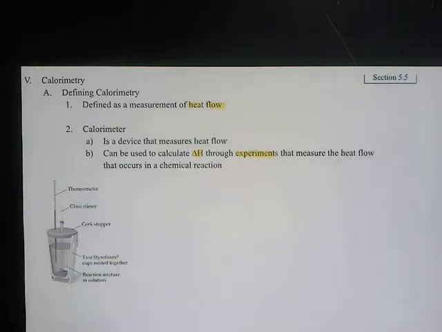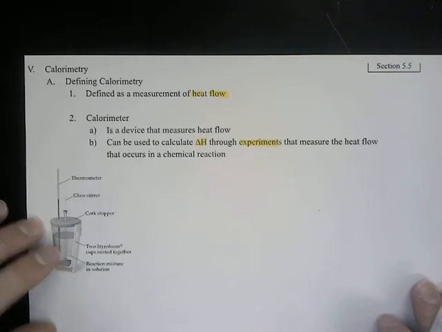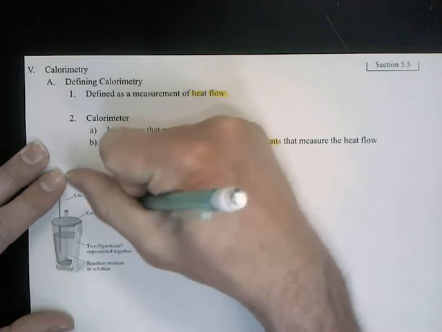Now we also need to be familiar with our calorimeter. And so our calorimeter is just a device that we can actually find that heat flow. And again, the whole goal of this calorimeter is to find delta H through the experiments. Now, pictured here, and it's pretty well labeled, is a coffee cup calorimeter.